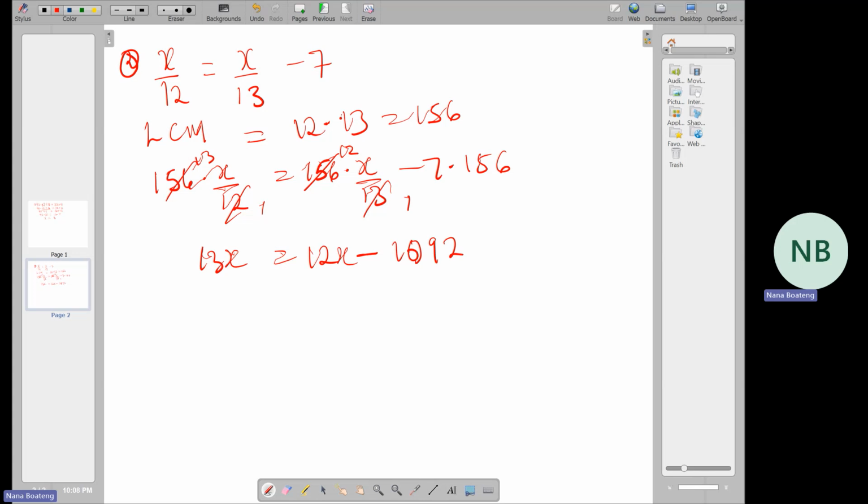Now we group the terms that involve variables on one side and the numbers on the other side. So this becomes 13x minus 12x is equal to negative 1092. So x is equal to negative 1092, which becomes our solution.